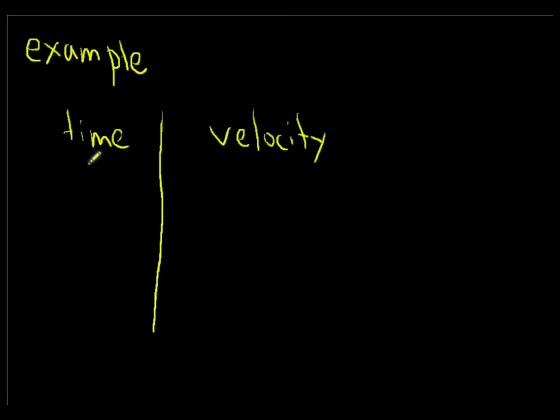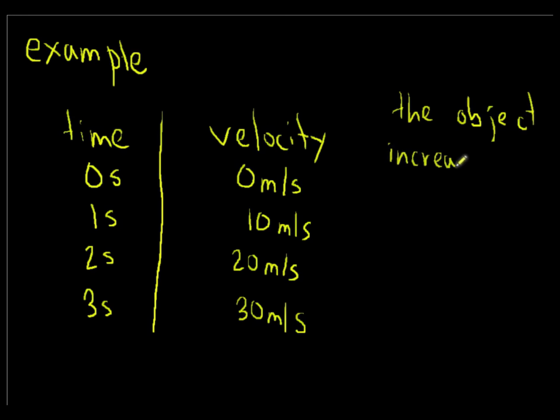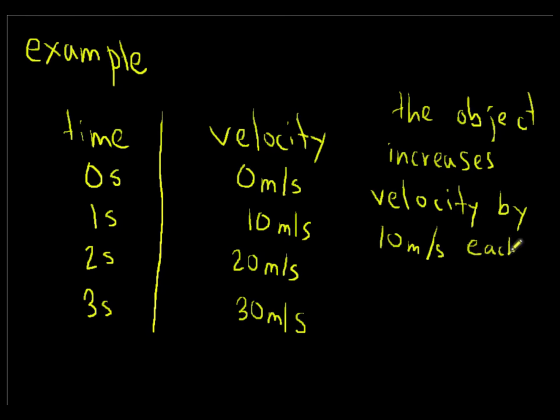At time equals 0 seconds, the object was traveling 0 meters per second, so it wasn't moving. At 1 second, it was traveling 10 meters per second. At 2 seconds, it was traveling 20 meters per second. At 3 seconds, it was traveling 30 meters per second. So it was speeding up every second. It's constant acceleration because the object increases speed or increases velocity by the same amount, by 10 meters per second each second.